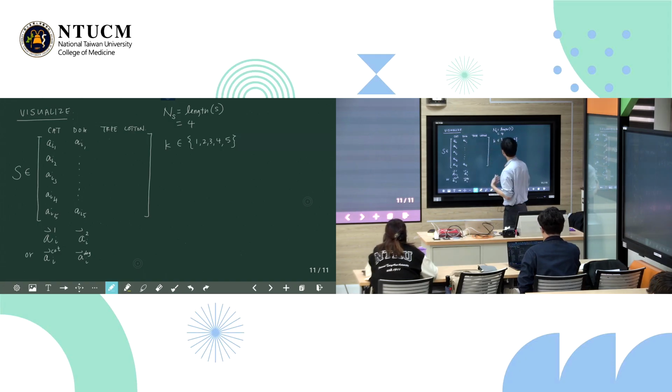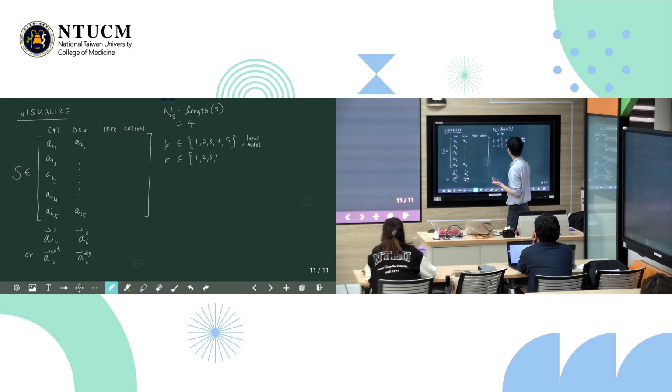All right? And then we call these the input nodes. K comprises the numbers 1 to 5, and these are the input nodes. R also comprises the numbers 1, 2, 3, 4, 5 specifically, but we call these the output nodes.